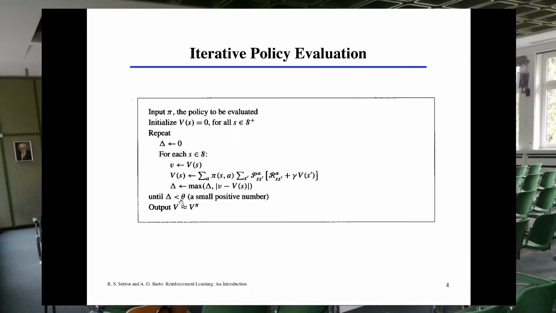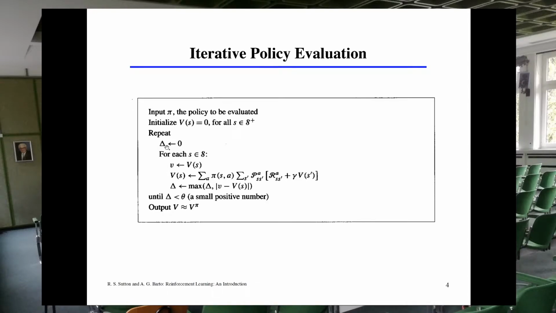So for some problems where the rewards are in the range of, I don't know, between 0 and 10, maybe some theta of 0.01 is good, but if the rewards are between 10 and 1000, this theta is not going to work for that problem. So it's a bit tricky to define this, and you need to experiment a bit to get the right theta. Okay, so this is just an error measure for stopping the algorithm.